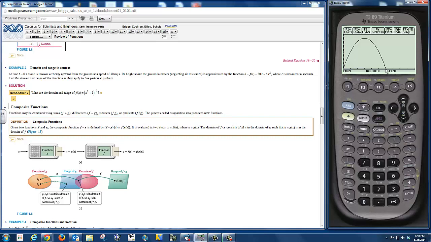So we can go back to the home screen and check to see if 6 is indeed when it hits the ground. So let's go back home. Now we have defined y1, so we can actually use y1. So we can actually type that in.